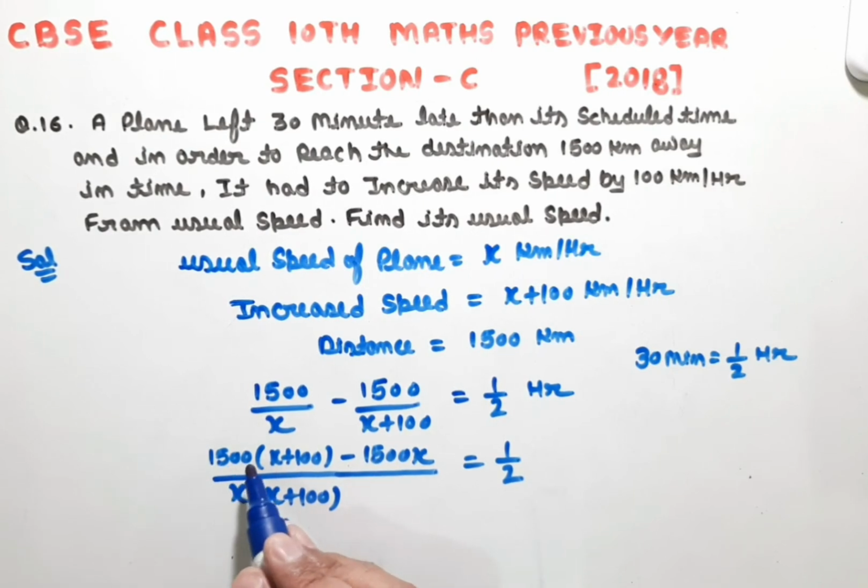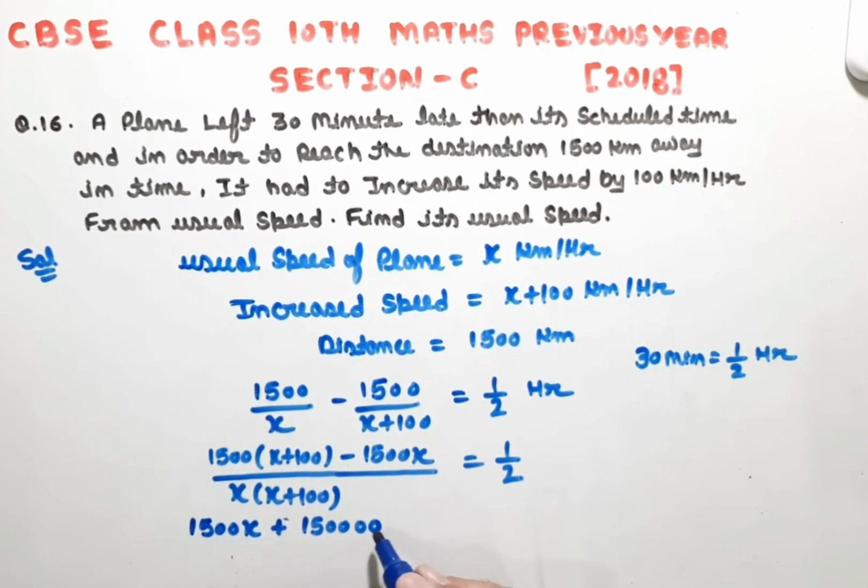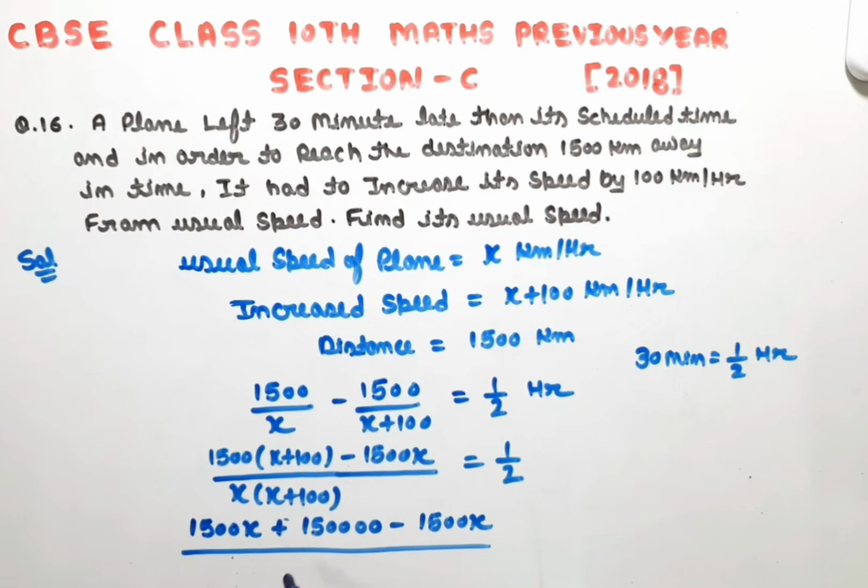From here, 1500 into x will be 1500x plus 1500 into 100, that will be 1,50,000 minus 1500x upon x plus 100, that is equals to 1 upon 2. This will be cancelled out.